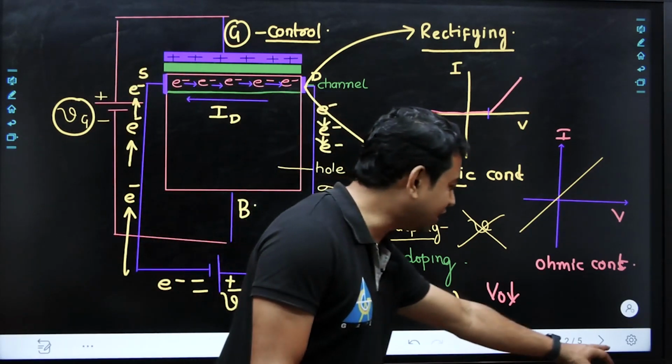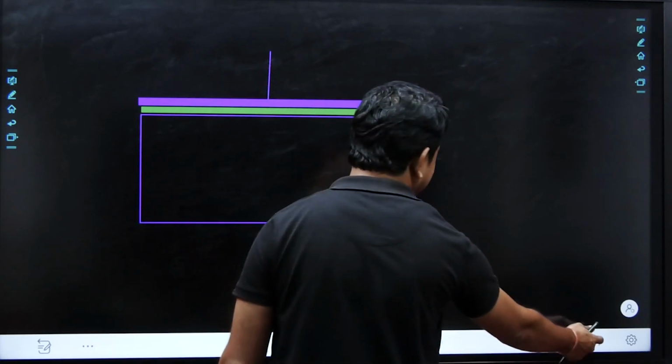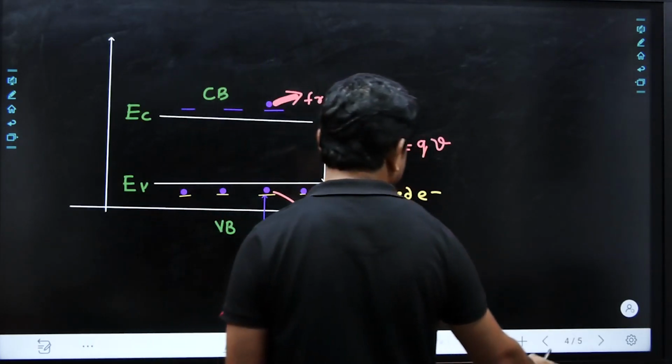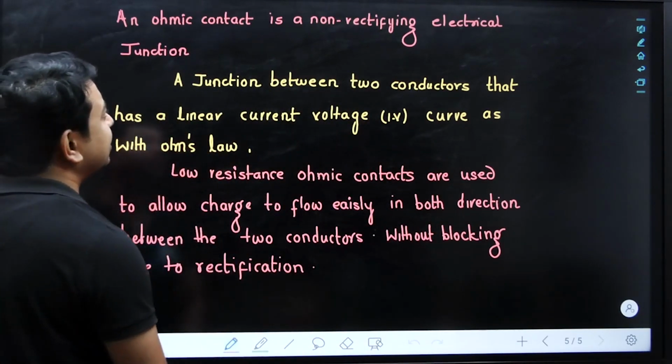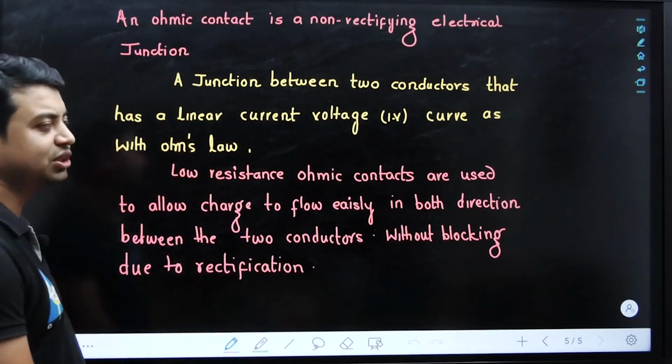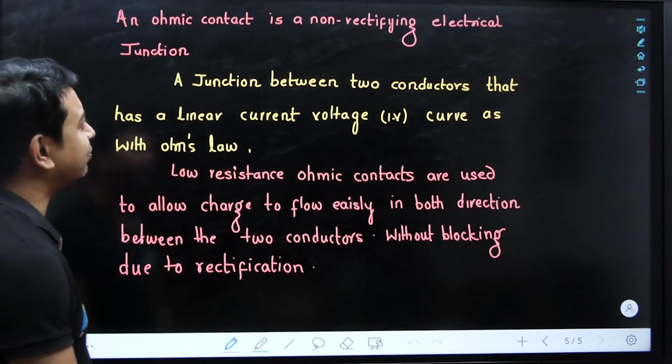So for that, we need to increase the concentration of the semiconductor very high. So I have written: an ohmic contact is a non-rectifying electrical junction.